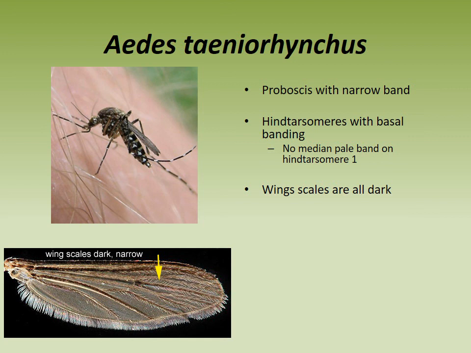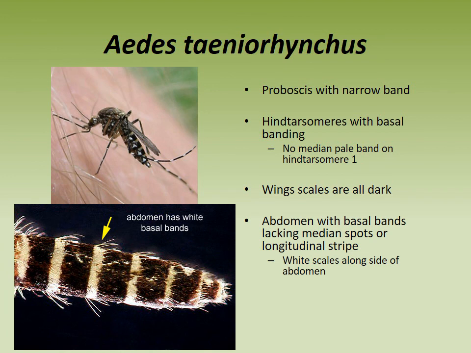The wings will have all dark scales. They will not be speckled like sollicitans. The abdomen with basal bands lacking that median longitudinal stripe.